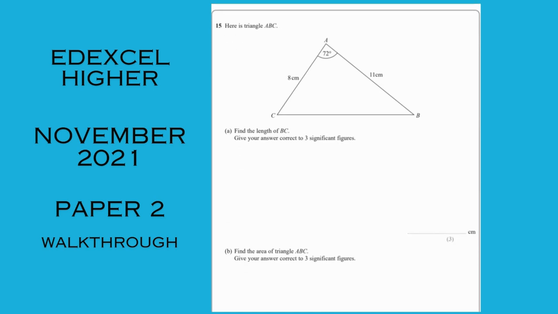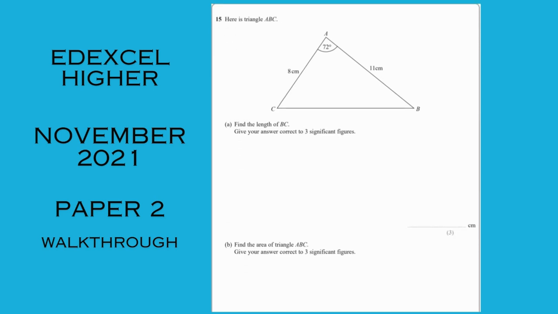Number 15, as bog standard, a sine rule, cosine rule situation as you can want. So which one is it? We do not know an angle and its opposite side, so it is indeed a cosine rule question. And unusually, the labels are correct. Normally, I would suggest you ignore the labels and put your own ABC on there.